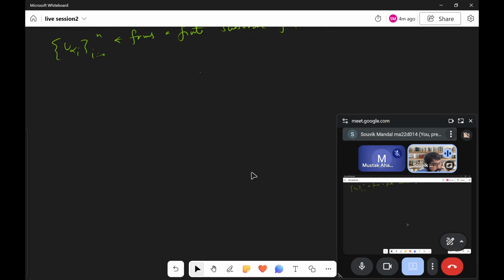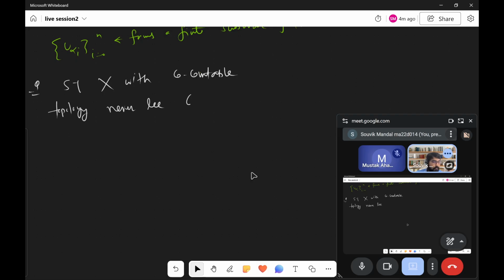So the next question is: show that x with the co-countable topology can never be compact. Previously we had the cofinite topology, where an open set has a finite complement. Here the question is about the co-countable topology. You need to show that x with the co-countable topology can never be compact. Okay.